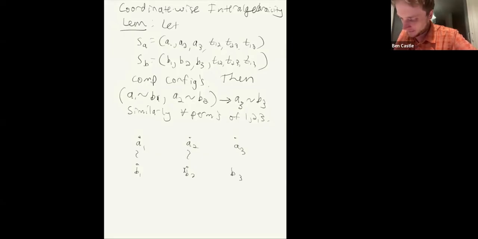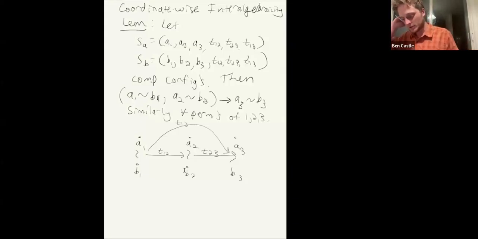And then you have a curve which takes A1 to A2 and also takes B1 to B2. And then you have a curve here which takes A2 to A3 and also takes B2 to B3. And then you have a total curve like this, which takes A1 to A3 and it also takes B1 to B3.